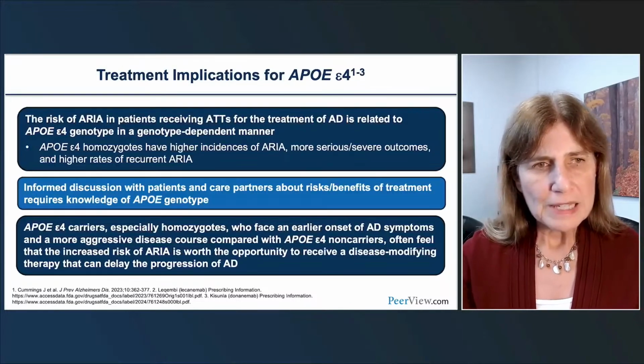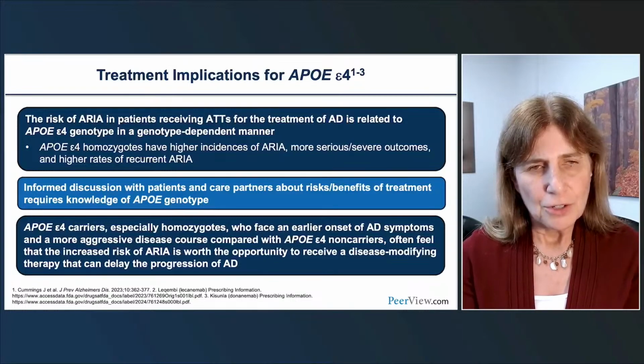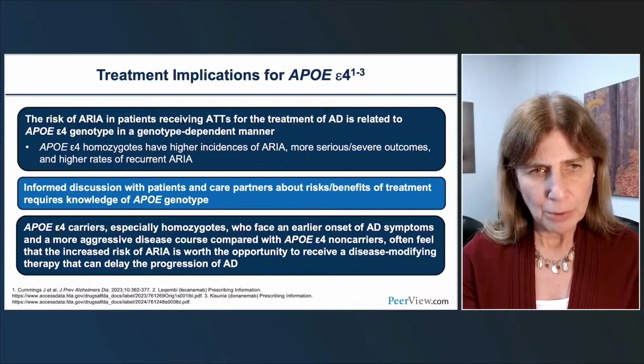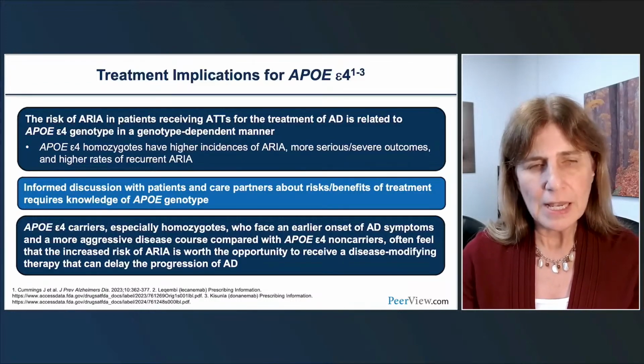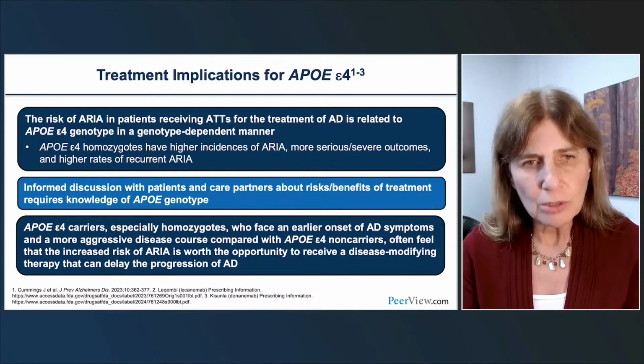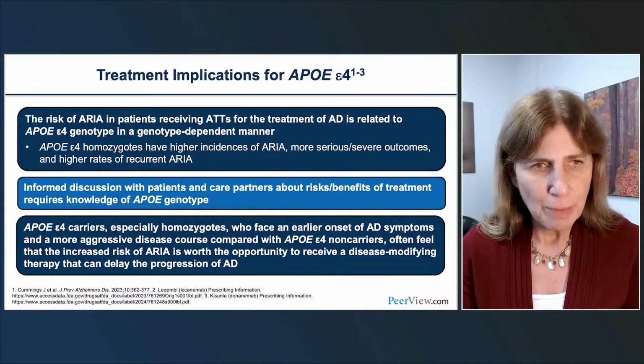So to try and pull this together, patients with Alzheimer's disease do have ARIA spontaneously at low rates, particularly ARIA-E, but the rates will increase with anti-amyloid monoclonal antibody treatment, and that rate will be antibody dependent.